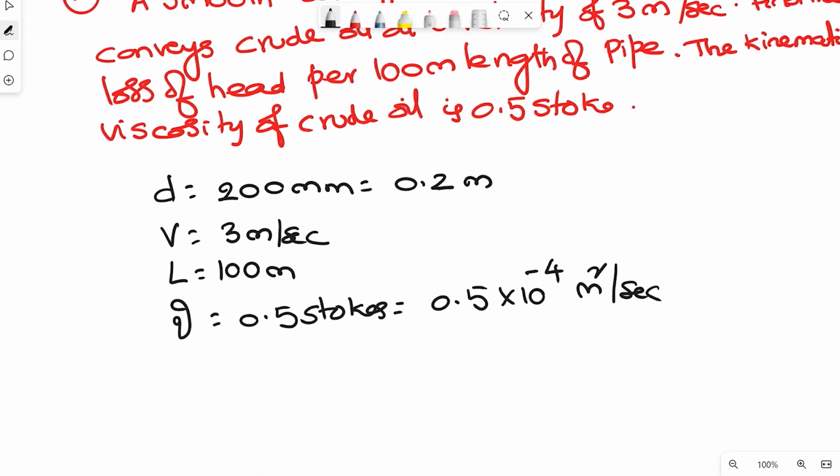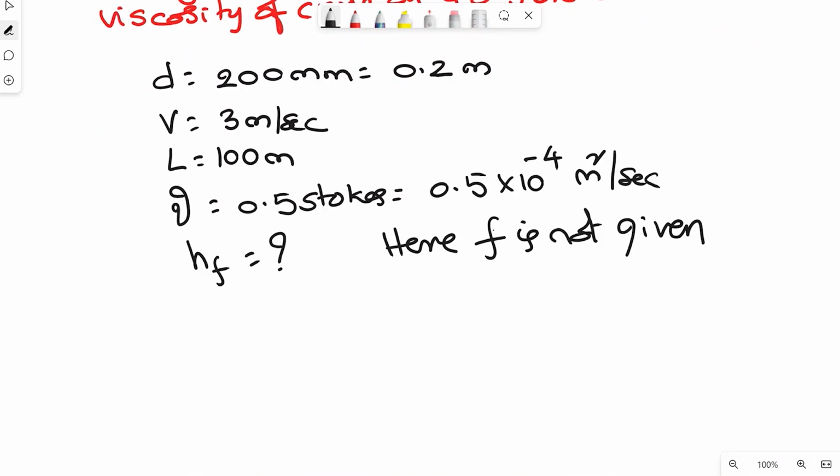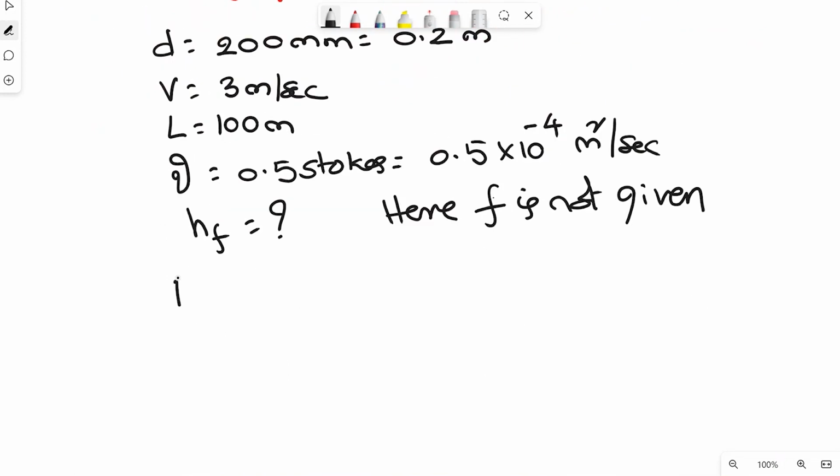The problem wants the head loss, but f is not given. So what should I do if f is not given? I must calculate the Reynolds number.